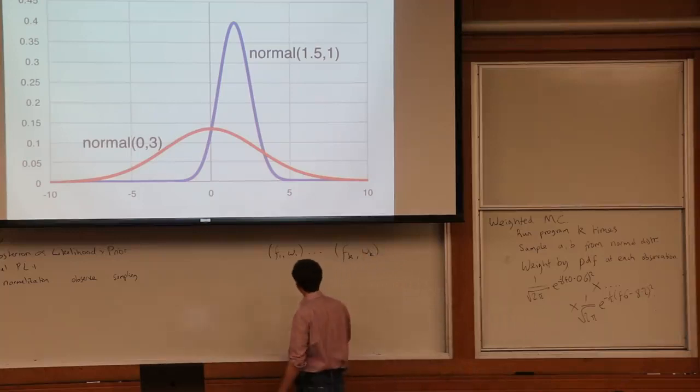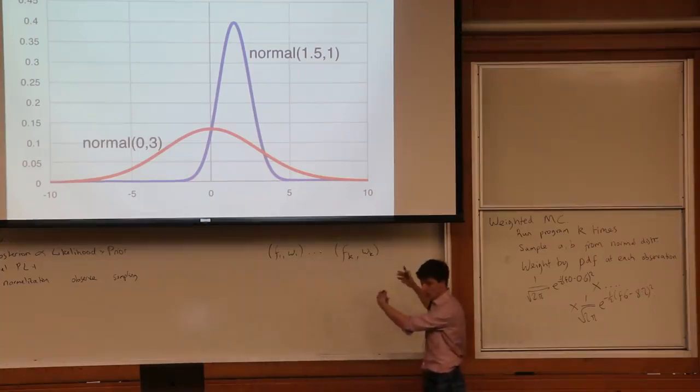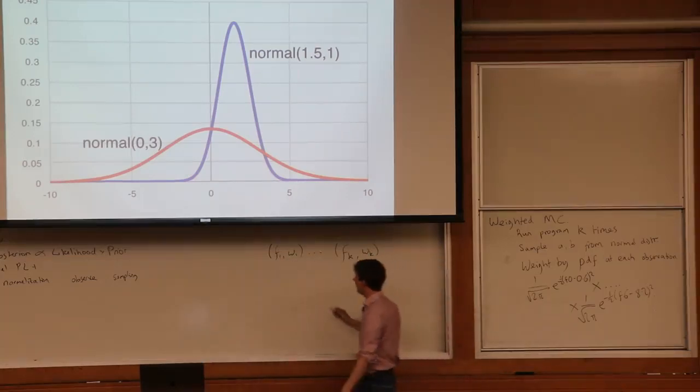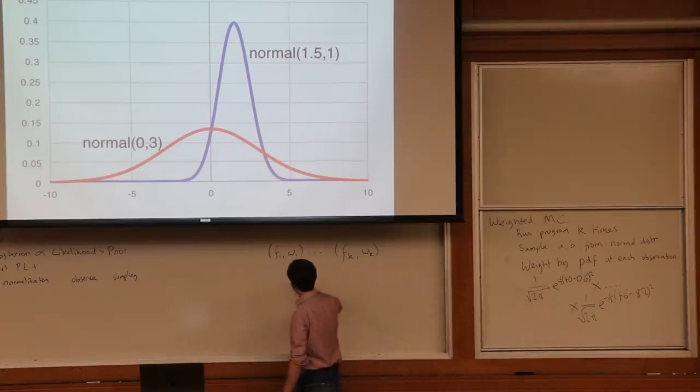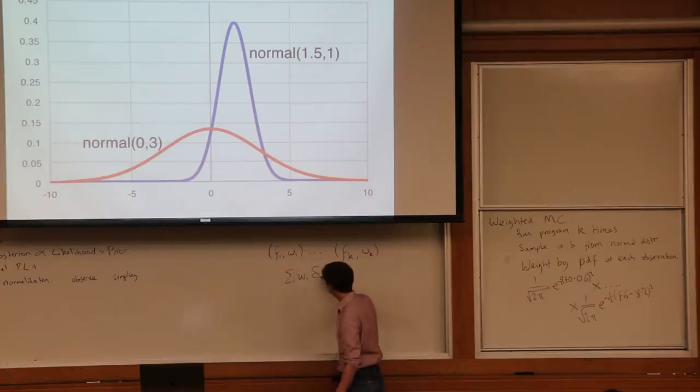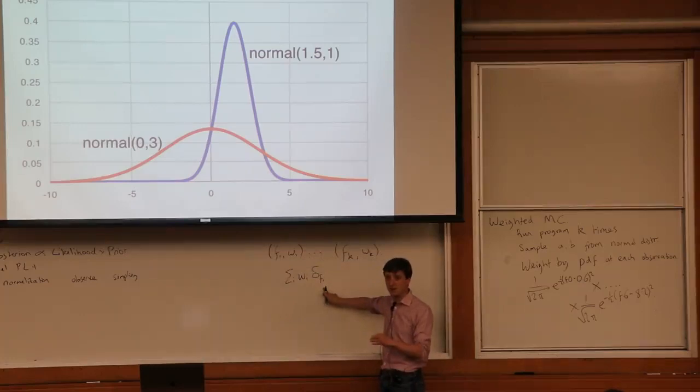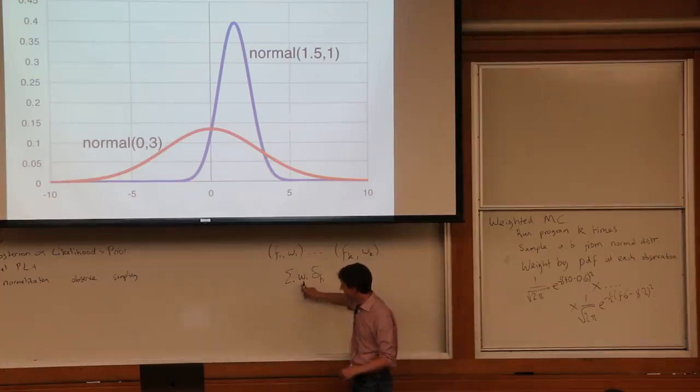So I build a probability distribution out of these samples that I've found. The probability distribution is the sum of the Dirac distribution, the distribution where I'm certain it's fi. That's definitely the thing it is. Then I multiply that by the weight, and I add together all of those across all of the samples I've drawn from the trace.